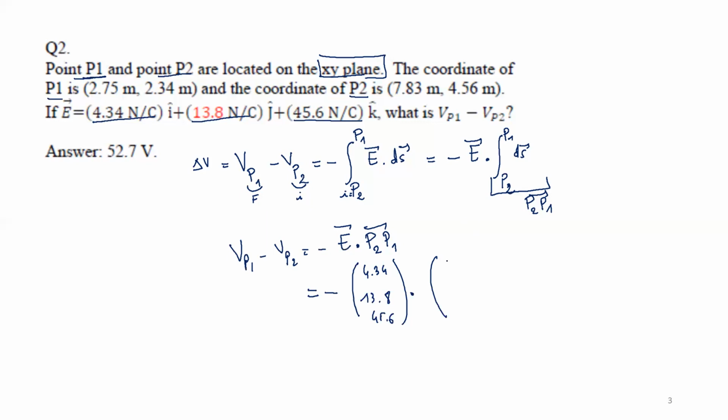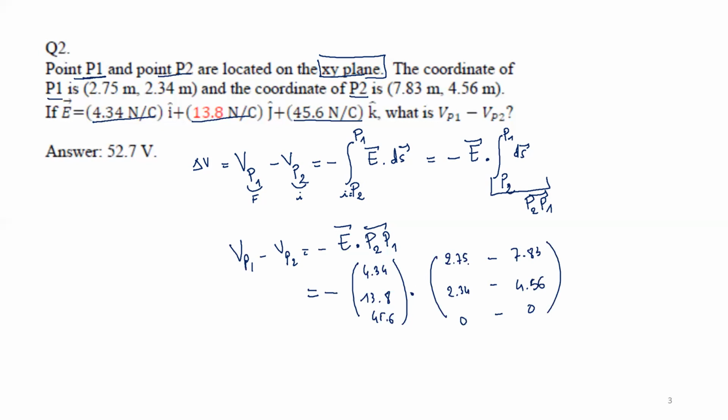The components of P1 are 2.75 and 2.34 and 0, final minus initial, so minus the coordinates of P2, which are 7.83, 4 point something, and 0 here.